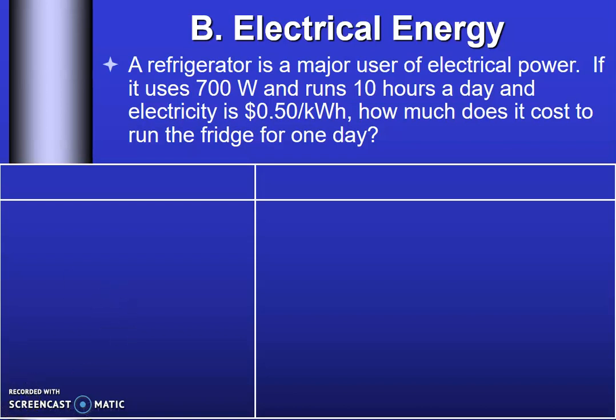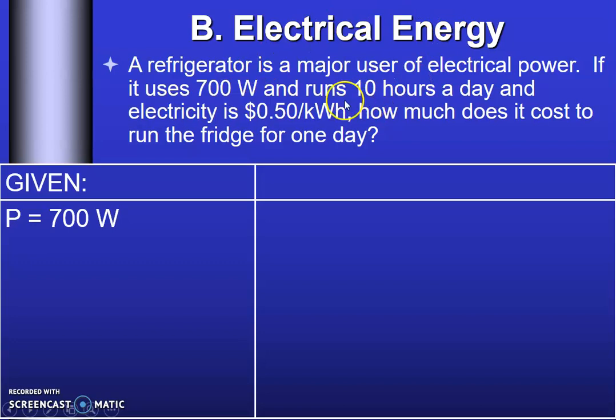So like we always do, let's analyze this problem for the information that I have and where I need to go with it. So starting right off, I have my power already. I have 700 watts. Okay, so I didn't need to use the equation to calculate it. It was already given to me.